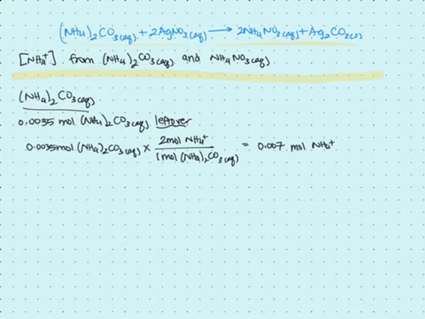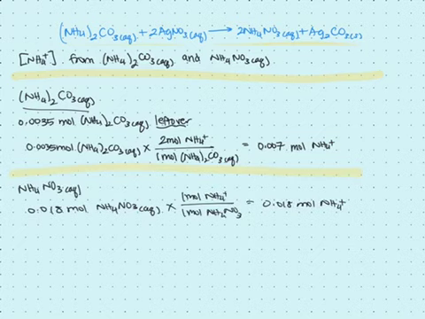We just need to remember that there are 2 moles of ammonium ion in 1 mole of ammonium carbonate, so that leaves us with 0.007 moles of ammonium from ammonium carbonate. Doing the same thing with ammonium nitrate, we find that there are 0.018 moles of ammonium ion in ammonium nitrate.